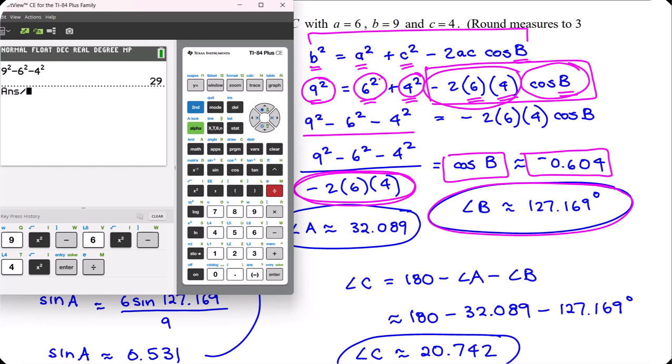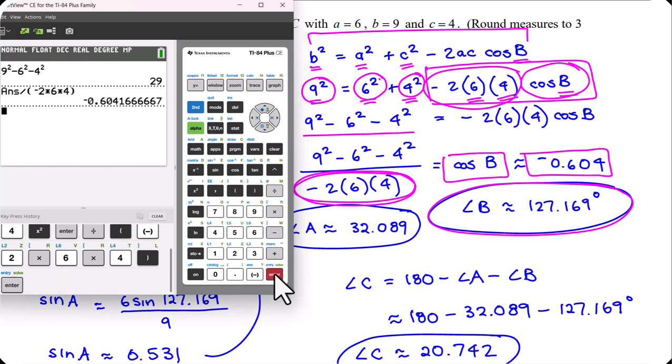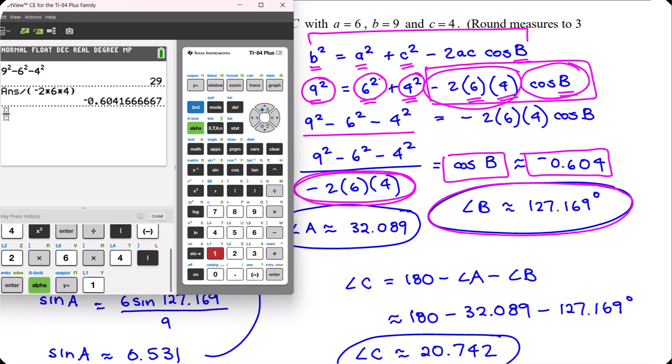And then we divide that by, now, you better package this. You want the whole denominator, negative 2 times 6 times 4, as your whole denominator. What you could also do is do alpha and F1, choose choice 1, and give yourself a horizontal fraction bar.